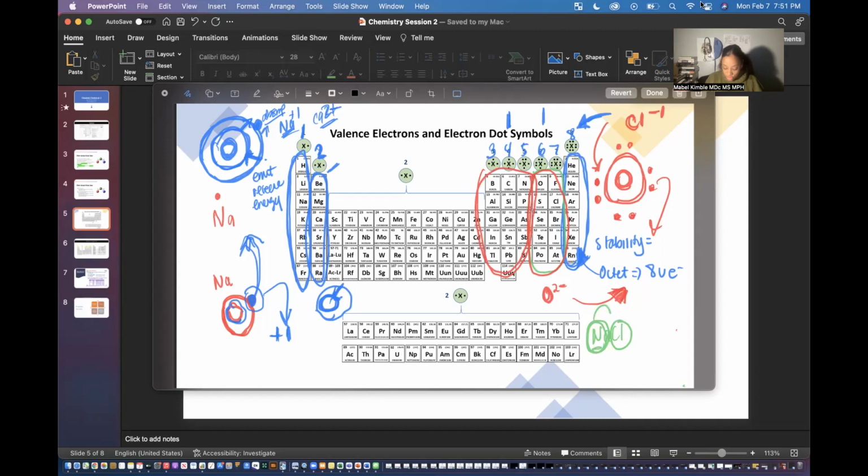Those are the ones that you see less, right? You see them less. Why? Because it takes a lot more energy to try to either gain or lose 2, 3 or 4 electrons, right? It takes a lot more energy to try to form this stability that group 3, 4, or 5 is trying to reach, right?